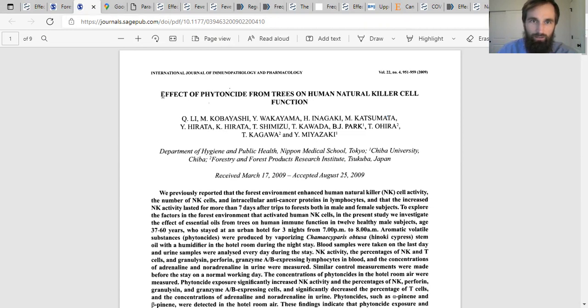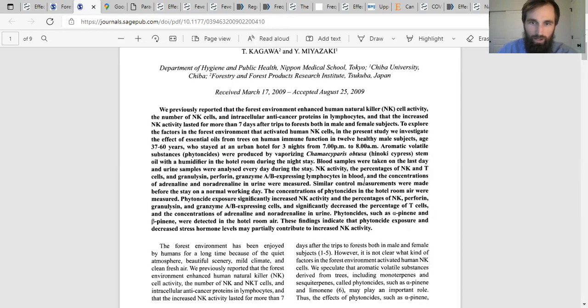They were just talking about this phytoncide, which is another name for essential oils. They took essential oils, they aerosolized or humidified them, and they had the group stay in an urban hotel for 3 nights. They had aromatic volatile substances that were produced by vaporizing cypress oil.